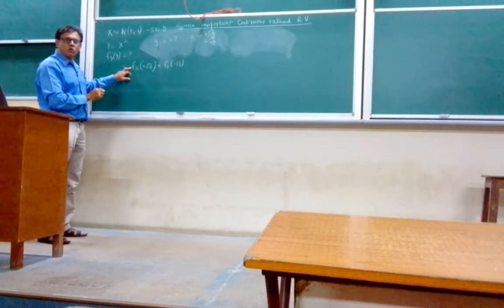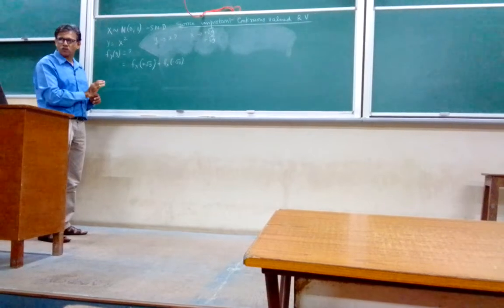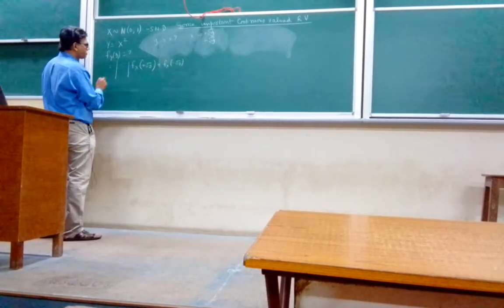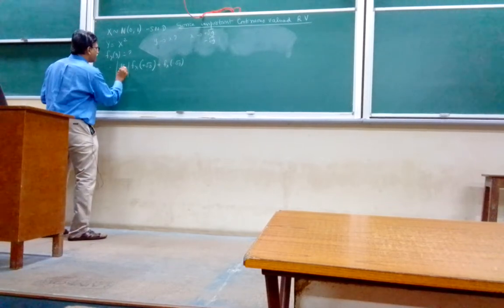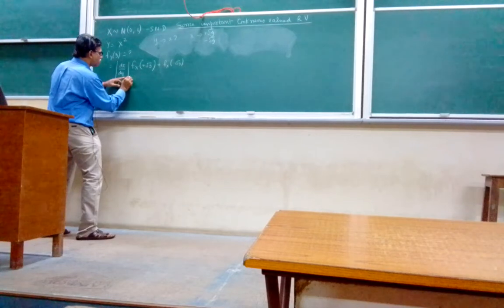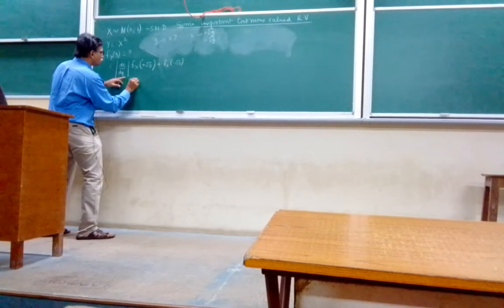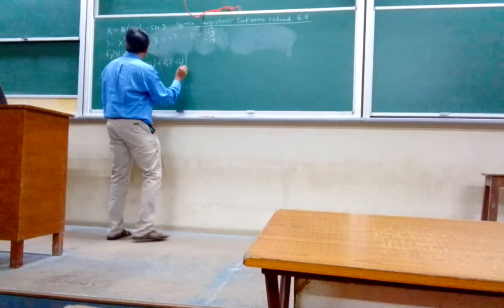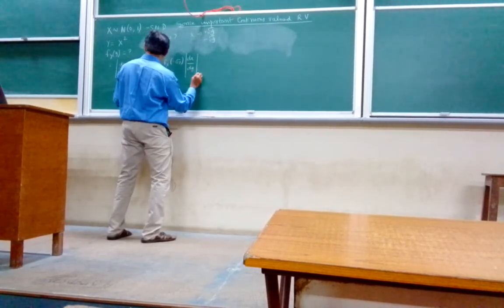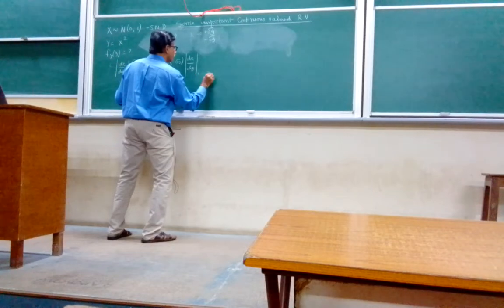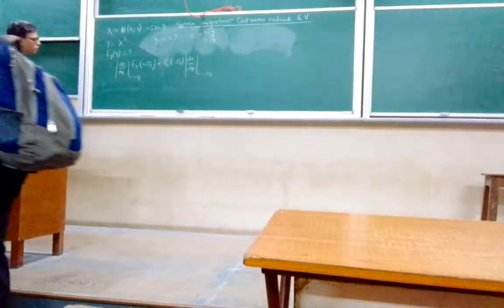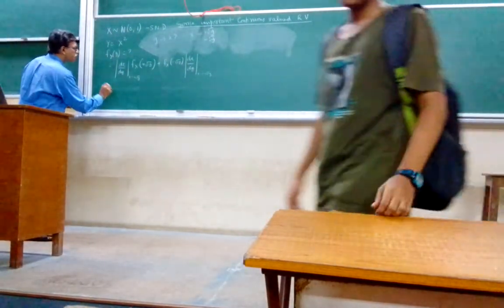Each one of them you have to multiply by a Jacobian of transformation. What is that? That will be the mod of dx by dy evaluated at x equal to plus root y, and again dx by dy evaluated at x equal to minus root y.